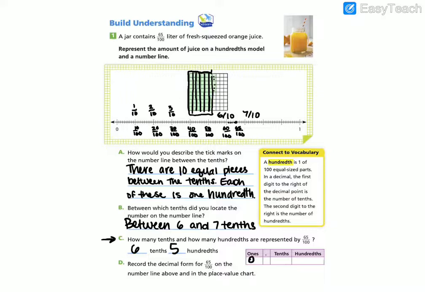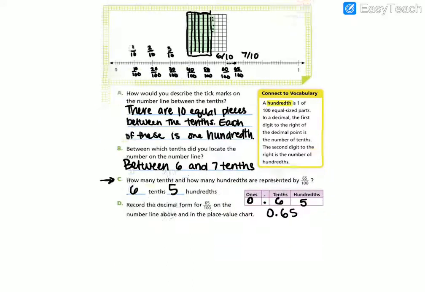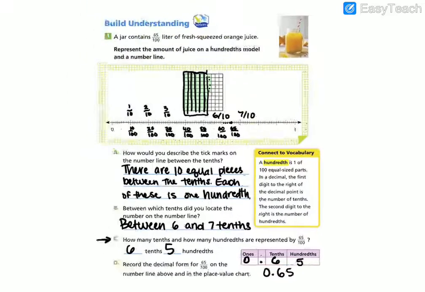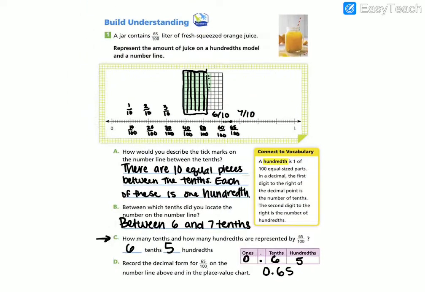We have 0 ones, 6/10, 5/100ths. So 65/100ths looks like this in decimal form. Go ahead and pause if you need any more time.